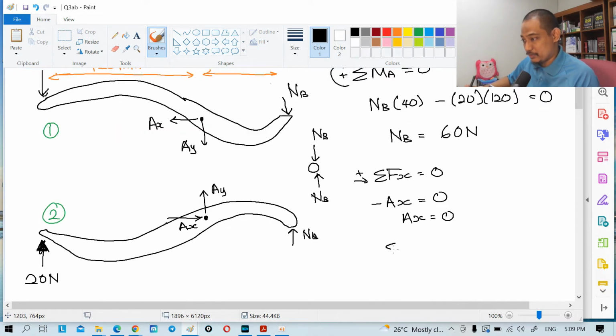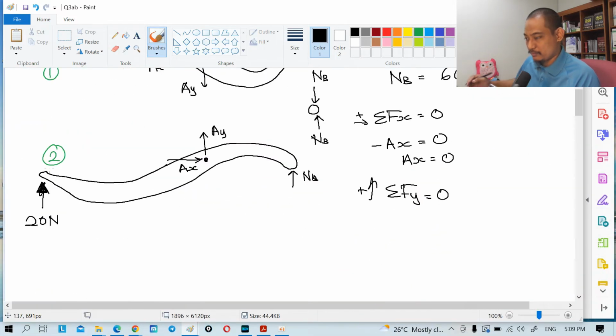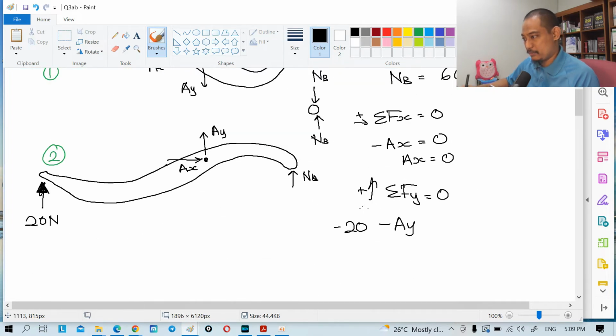If you do summation of Fy equal to 0, taking upwards as positive, because everything is downward, so minus 20 minus AY, still using free body diagram 1, and minus NB, which is 60, equal to 0. So AY will be minus 80 Newton.